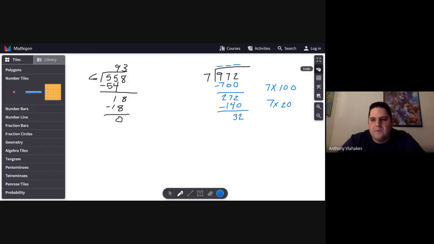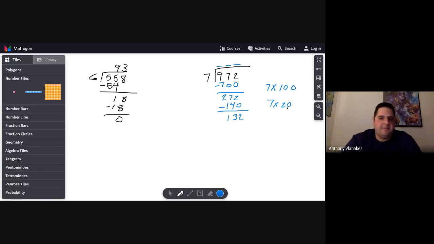So my leftover is going to be 132. Now here, if I was doing the standard way, I would have had more left over. I had a higher remainder than what I'm dividing by. So either I would have realized that was a mistake or kept going forward and then realized at the end my answer wasn't correct or put the wrong number in the ones place, and then had to redo the problem.